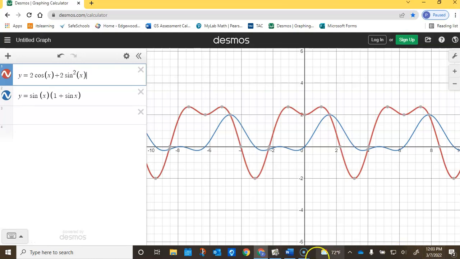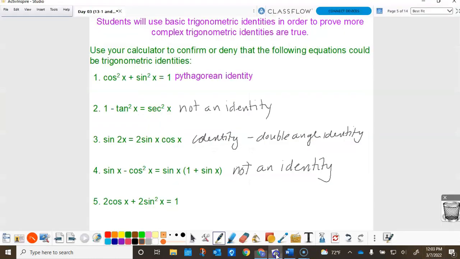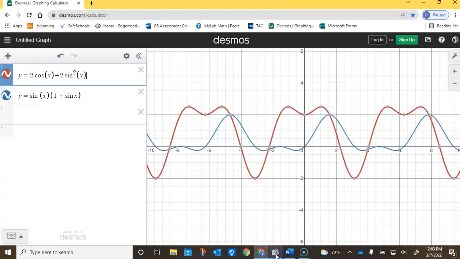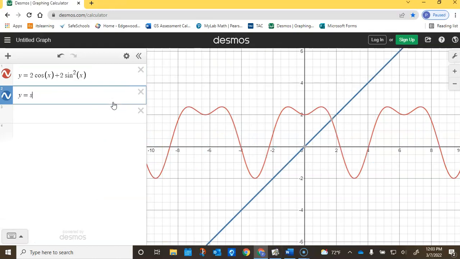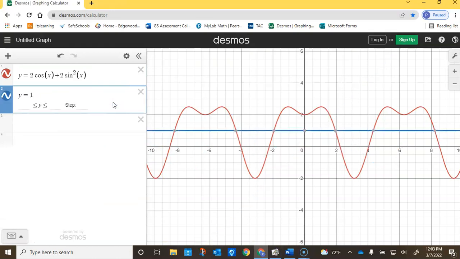That's one of them, and the other one is 1. I can already see these are not going to be the same, and that's not an identity. Isn't that a cool one? That kind of looks like teeth, right?